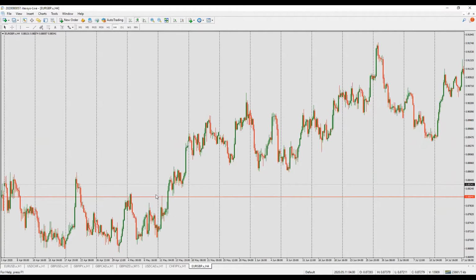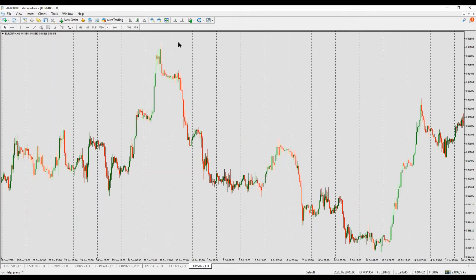Here we can see this support resistance level, and that's the reason the price reacts to this level. And I do believe that a bit lower somewhere here, there is a level that I would consider to buy.